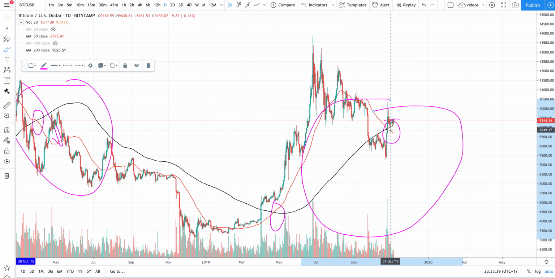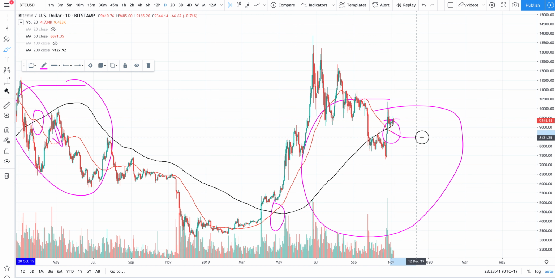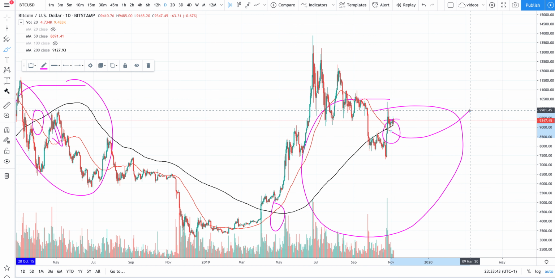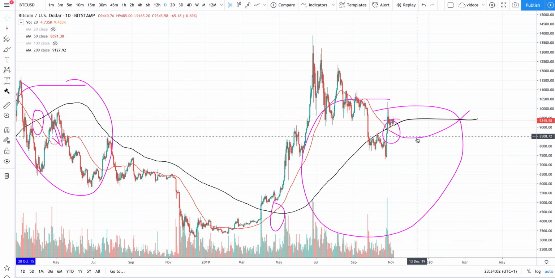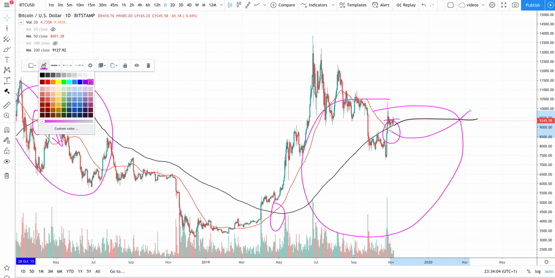So what I suppose here is that the 50 will do something like this, with the 200 being a little bit like this, and let me try to do it in black, and do this in orange.